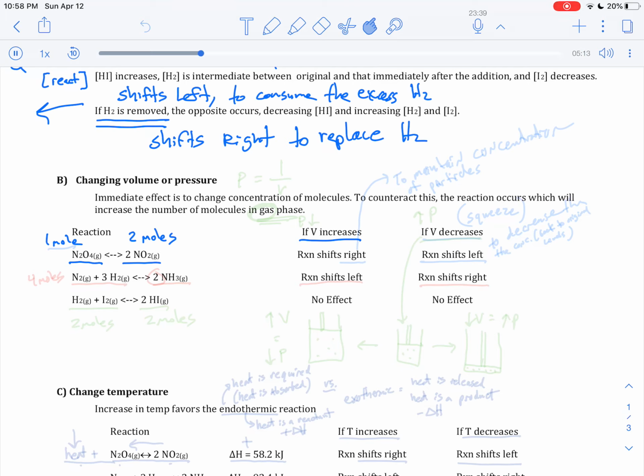Because the products have a coefficient of 2, you'll have more moles of particles if this reaction shifts to the right. So this reaction shifts to the right to maintain the concentration of particles.